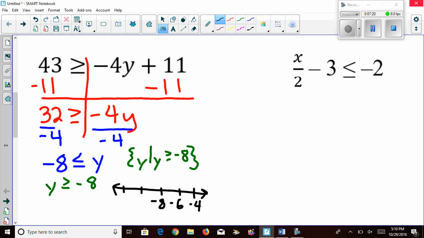On the left, I have negative 10 and negative 12. My symbol says greater than or equal to. That means when I put my circle on negative 8, I need to go ahead and fill it in because negative 8 is one of my possible answers. It's part of my answer. And then I go to shading. For all numbers greater than or equal to negative 8, I go to the right.